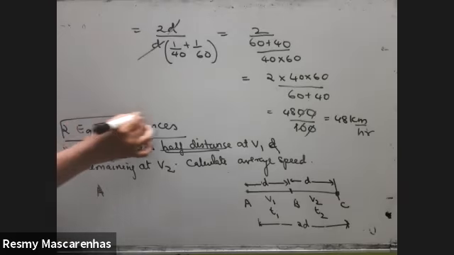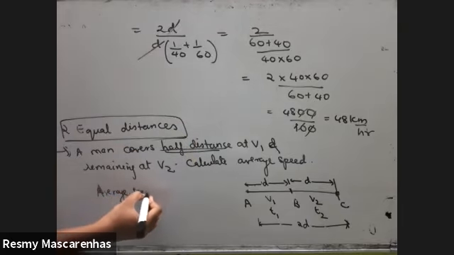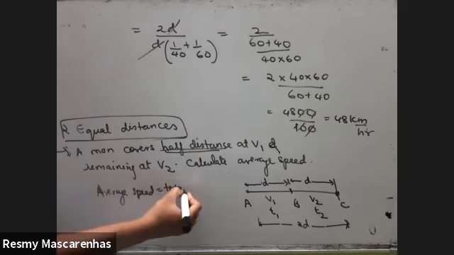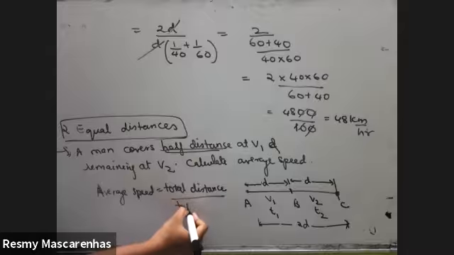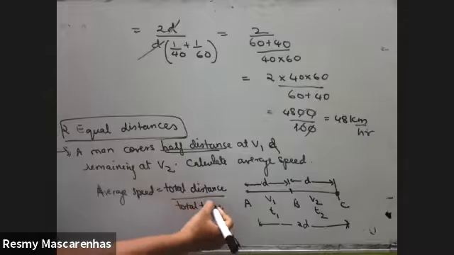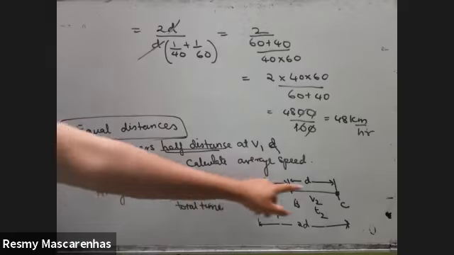It means there are two equal distances. Average speed, same as the previous one, and it will follow. Your speed and displacement will be the same because it's not coming back to the same point.